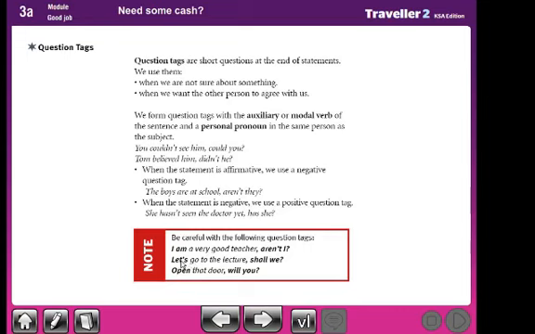Let's say every sentence that starts with let's, like let's go to the lecture, let's. If you see let's at the beginning, the question tag is shall we.